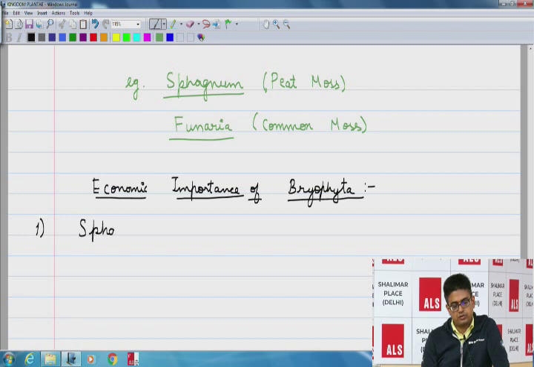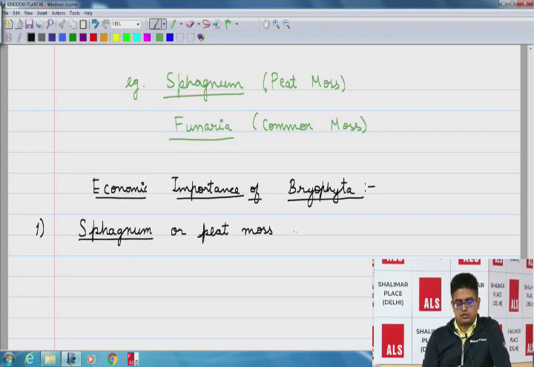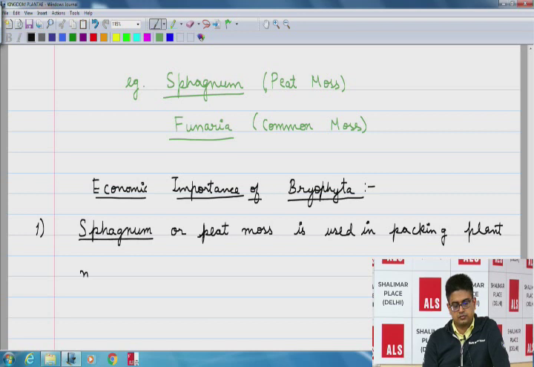Sphagnum or peat moss is used in packing plant materials because it retains a lot of moisture.